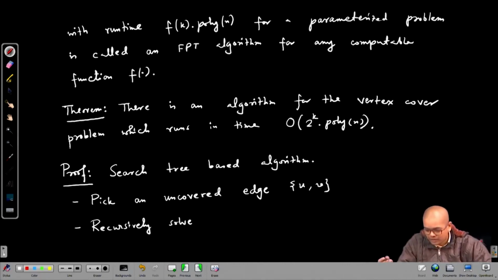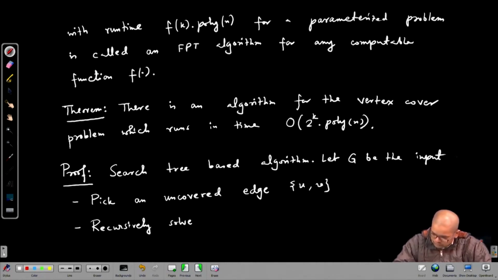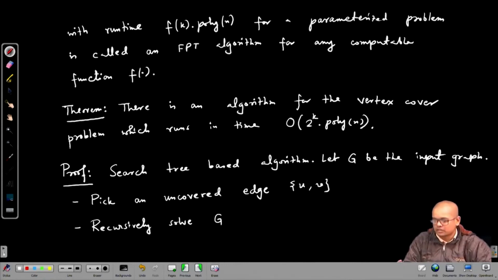Suppose G is the input graph. So recursively solve: you pick u from G, G minus u, and this deletes all the edges which are incident on u.